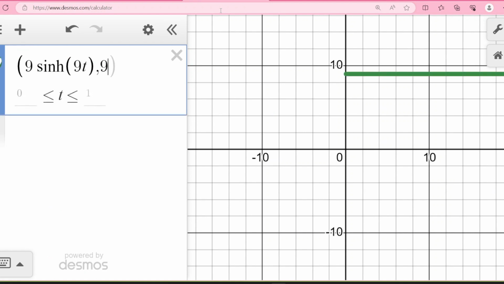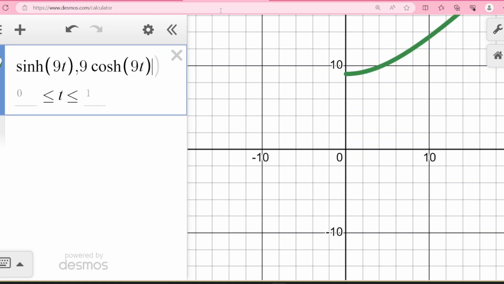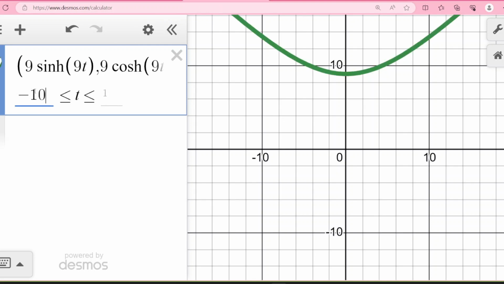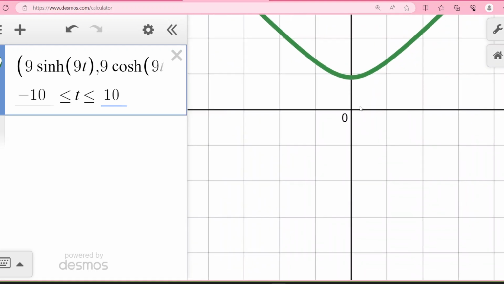So the y coordinate is 9 cosh of 9t. And then you'll see if I make t larger and larger here, let's say from -10 to 10, see how it's part of, you can't see the other branch though. We're getting part of a hyperbola.